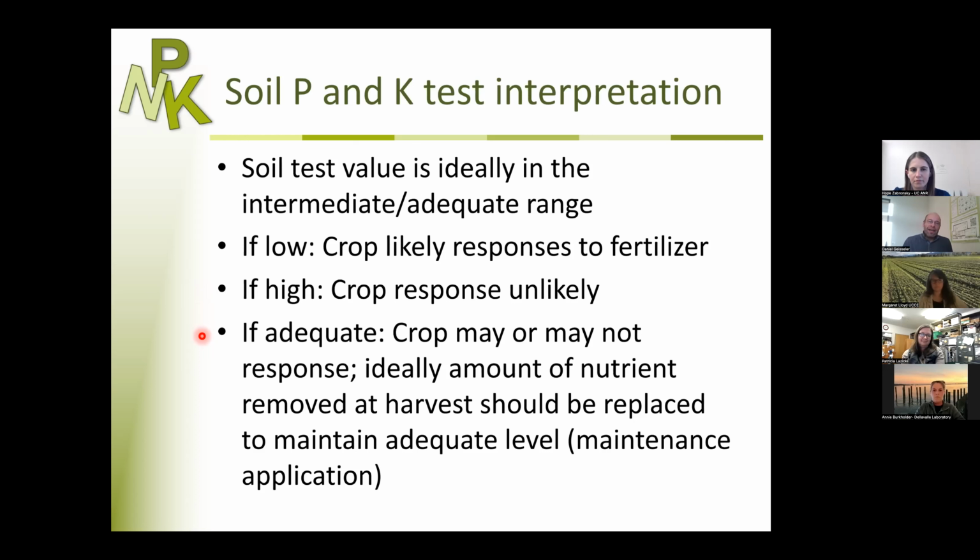Still, if it's adequate, as Annie has mentioned, it may be worth adding at least the amount of nutrients the crops will remove from the field at harvest, which would be the maintenance application. That way you will keep the level over the years in the same range, so you will have an adequate supply of nutrients.